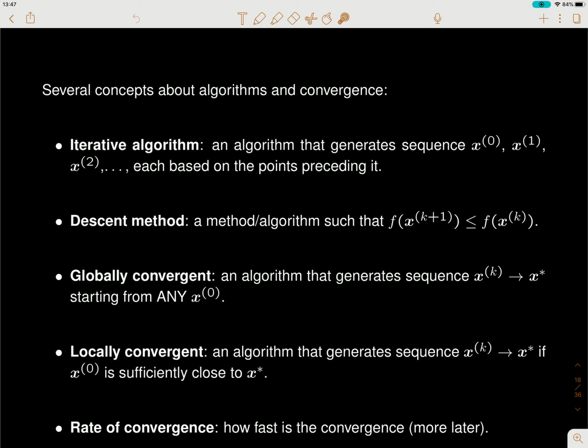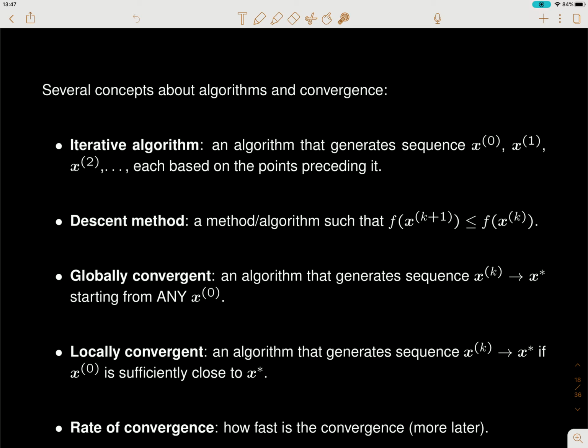we mean that we're designing an algorithm that is trying to generate a sequence of points. We call them x0, x1, x2, such that hopefully this sequence will converge to the solution you want.